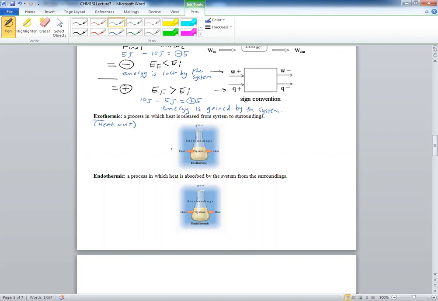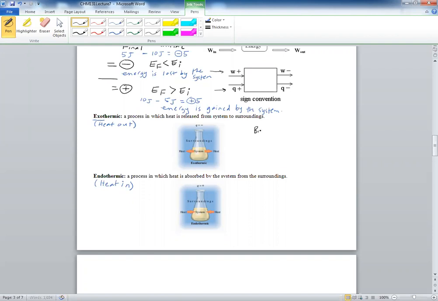So it's the opposite, and look at these two representations. This one is heat in. Very well. If we look at an example of where heat is released, let's say you burn a hydrocarbon.